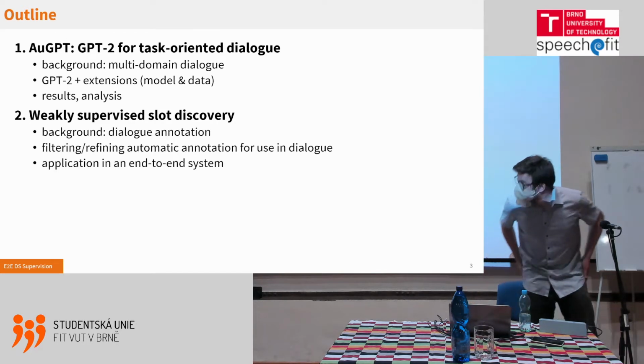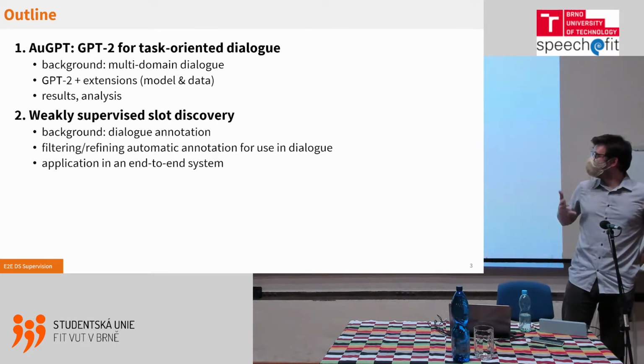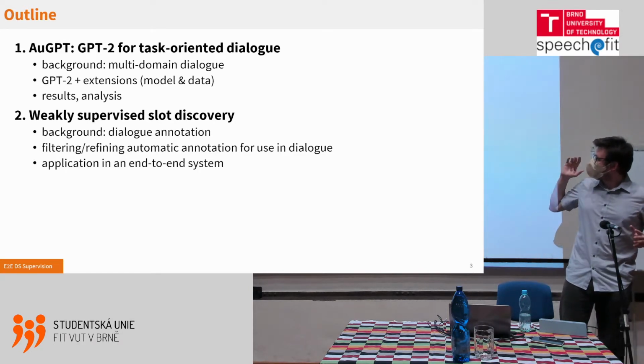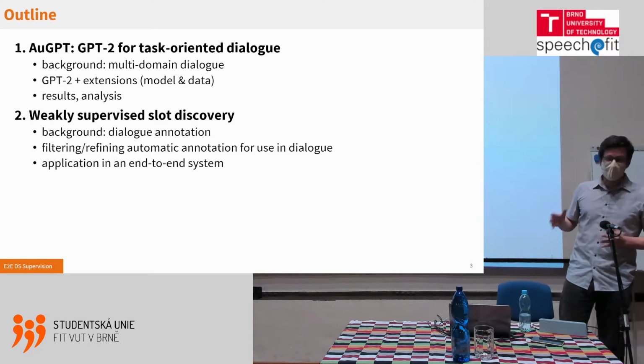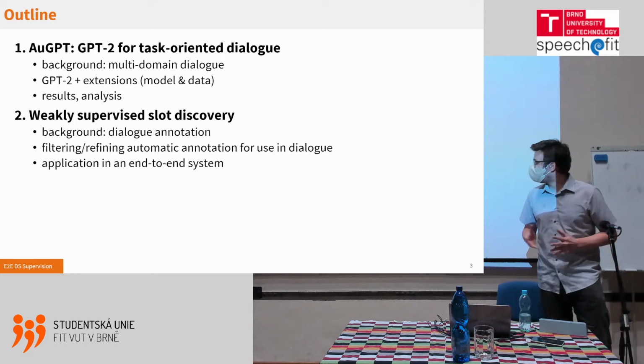The second part of the story is a slightly different thing, but you'll see that they are actually connected. And this is a way of getting dialogue annotation if you don't have one.